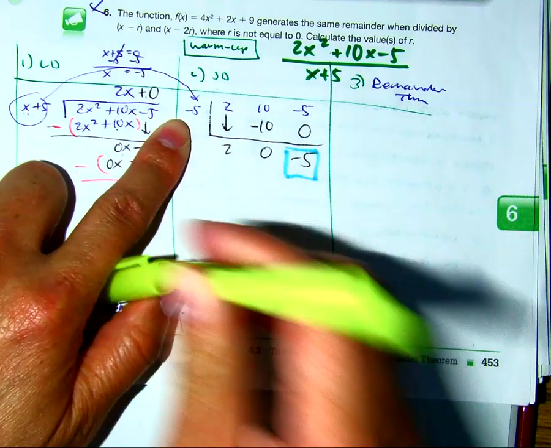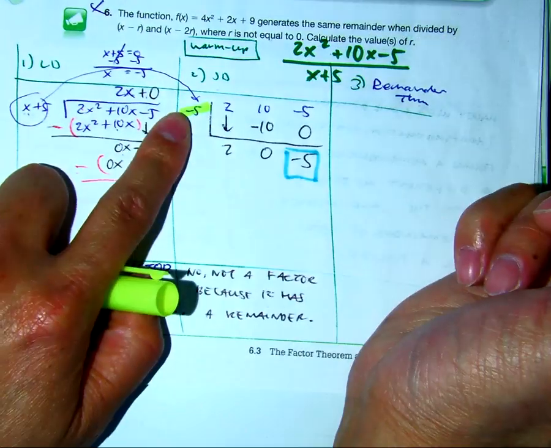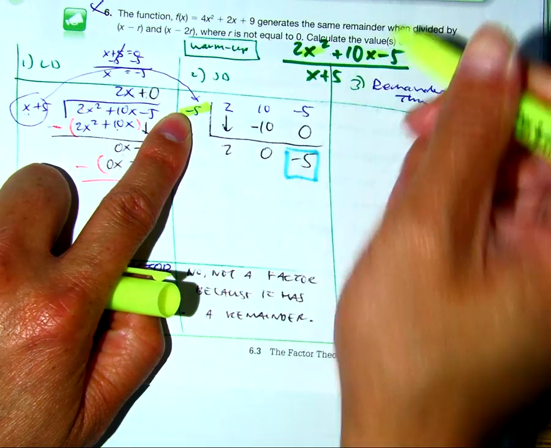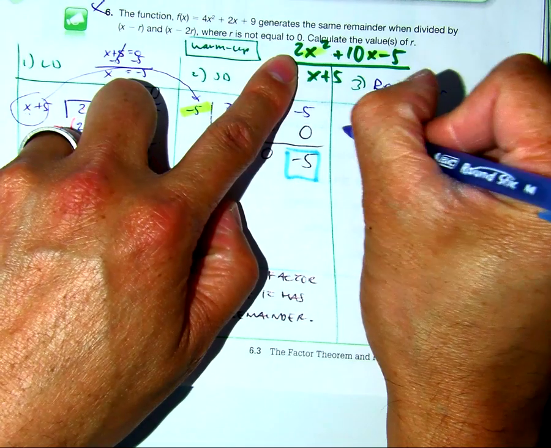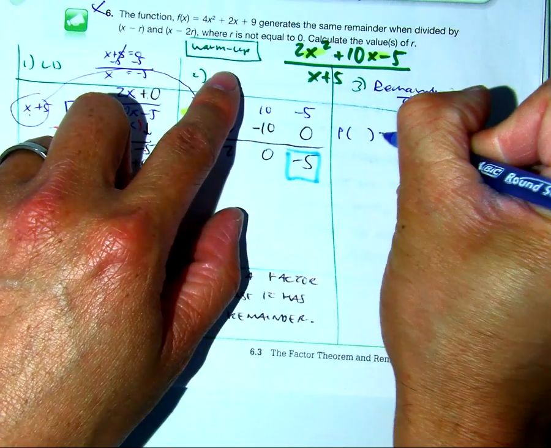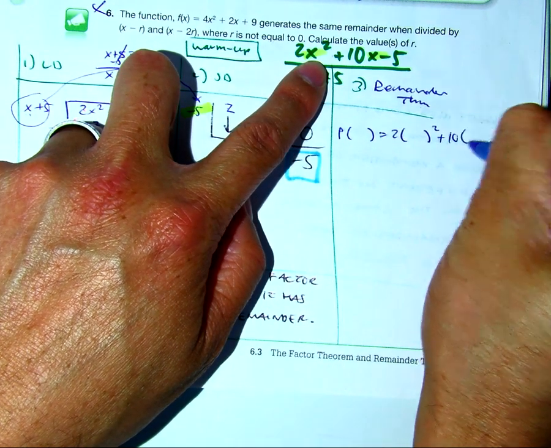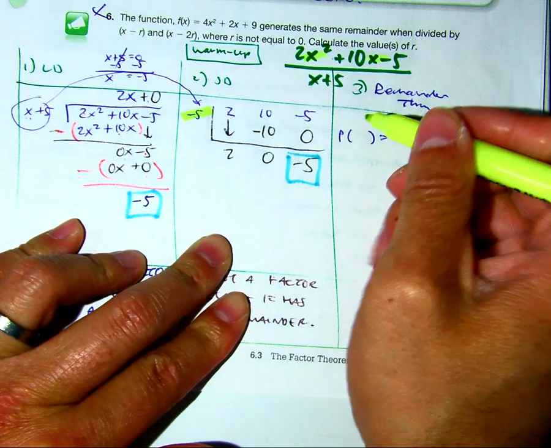Jesse, what do I do with this number? Yeah, we're going to put it in for the x's of just the numerator. So I have p of a number equals 2 times x squared plus 10x minus 5. And we're going to put in negative 5 for every x value.